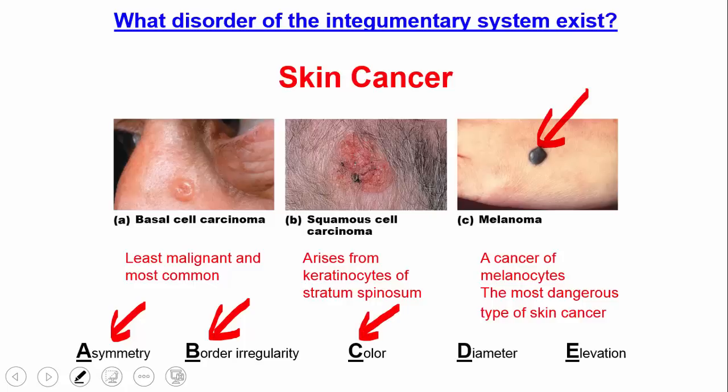If it increases in diameter, definitely get it checked out. And finally, if it changes in elevation, in other words, if it starts to get more bumpy than it was originally, coming up away from your body in a 3D dimension, you might want to get it checked out as well. Always best to get it checked to be on the safe side.